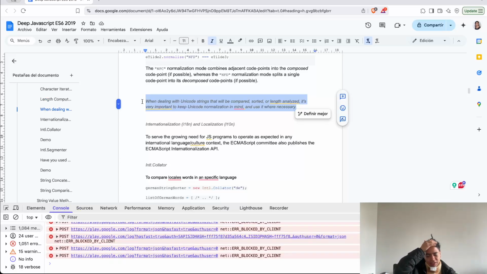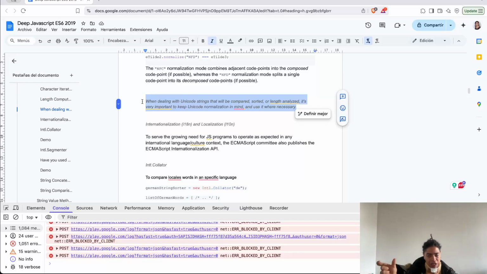These are methods or APIs that we can use to compare letters in their own alphabet.